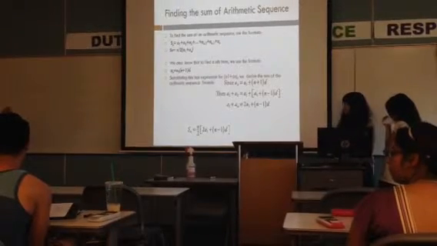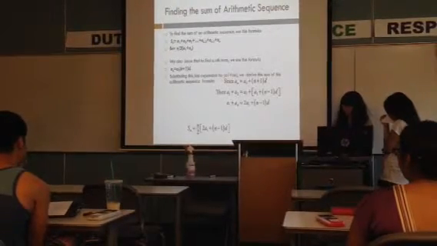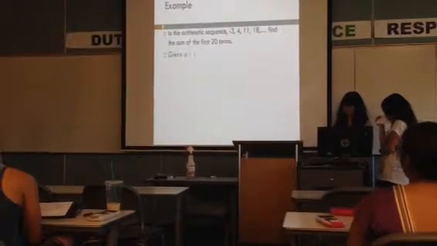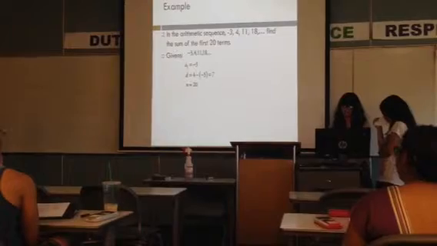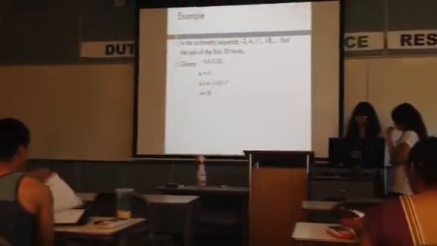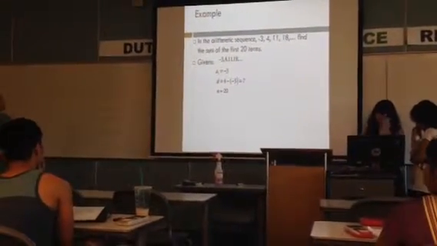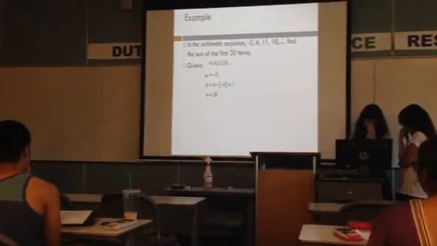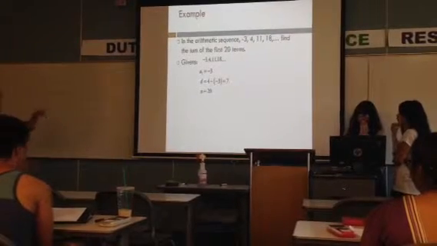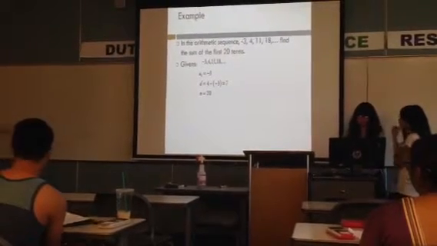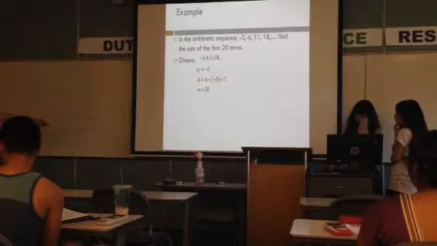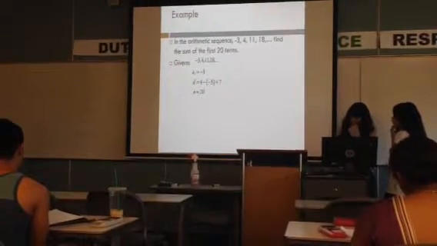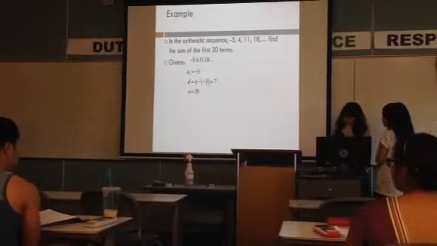Say we're given the example of an arithmetic sequence: negative 3, 4, 11, 18. To find the sum of the first 20 terms, we already know the first term, which is negative 3, so we substitute a1 as negative 3. To find the constant, we subtract two successive terms.